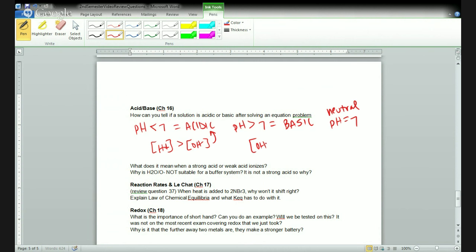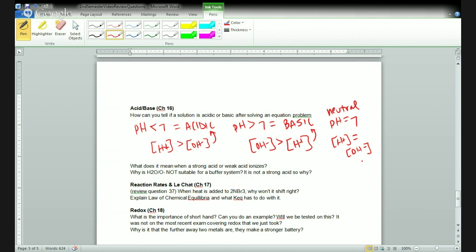If your OH minus is bigger than your H plus, that would mean you're basic, because we know OH minus means basic. And if your H plus and your OH minus are exactly the same as each other, then you're neutral. So that's how you can tell if something is acidic, basic, or neutral.